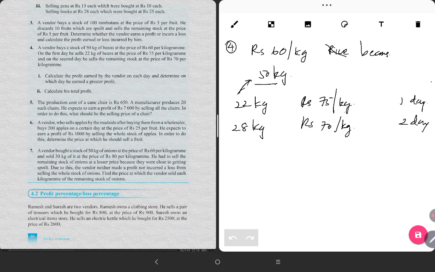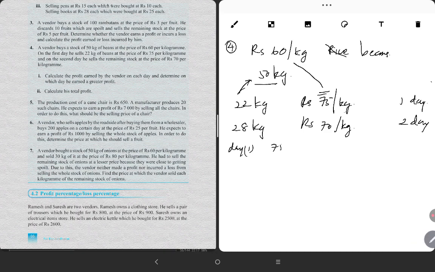Now the first sub-question of question 4: calculate the profit earned by the vendor on each day and determine on which day he earned a greater profit. So let's do day 1. What's his profit? He bought at 60 per kilogram and is now selling at 75.